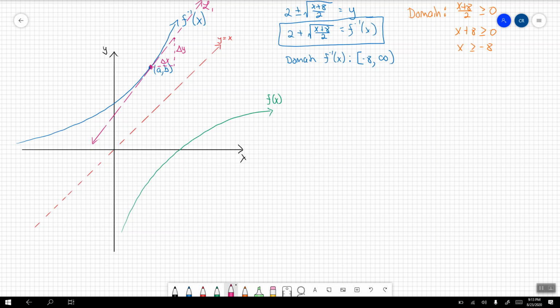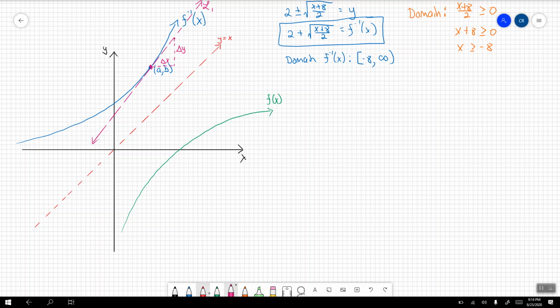Now, what I also want to do is recall what the definition for an inverse function implies. The definition says that if we have an x component and a y component in a function, then when we find its inverse, that domain and that range are switched.